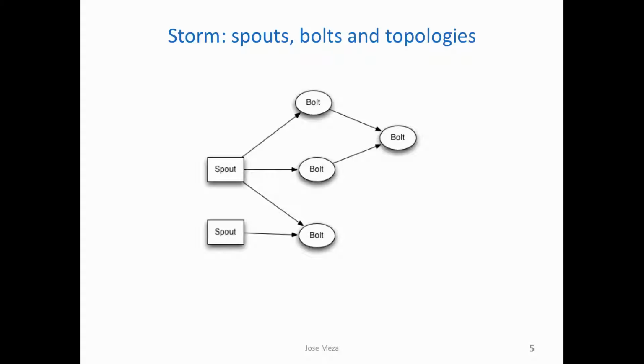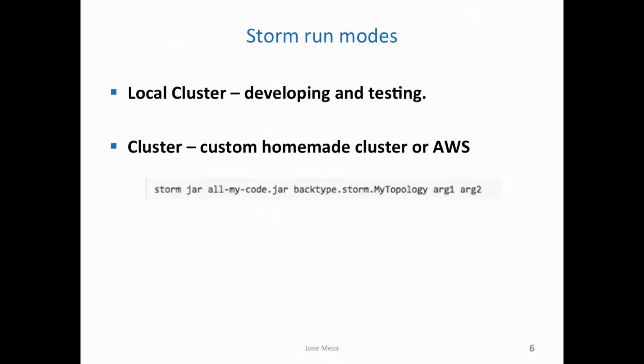A bolt processes the streaming data, and the bolt can emit data to a different bolt to do additional processing. And this is very easy to set up in your code.